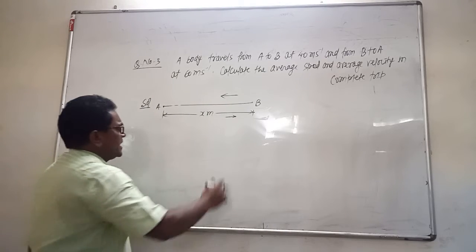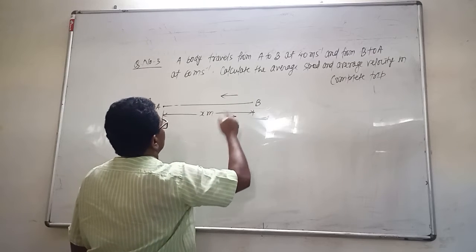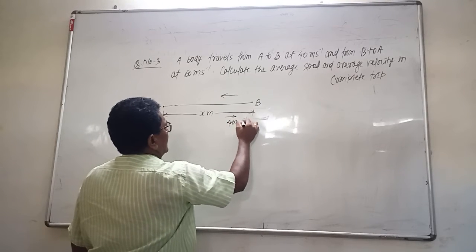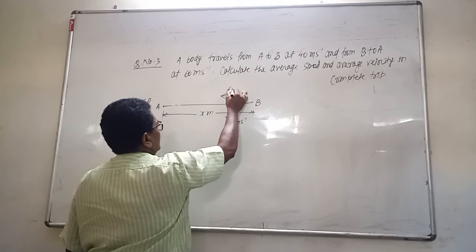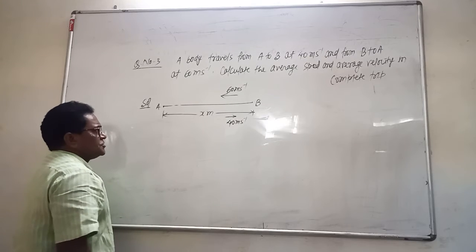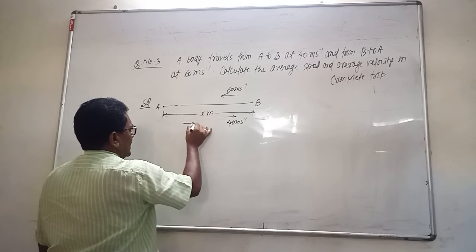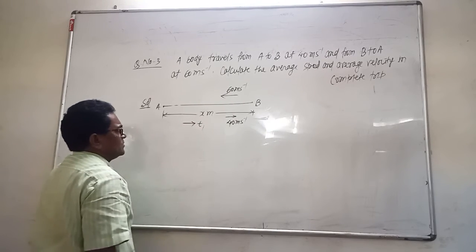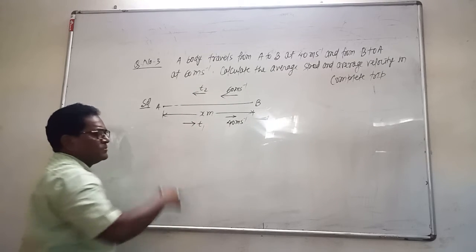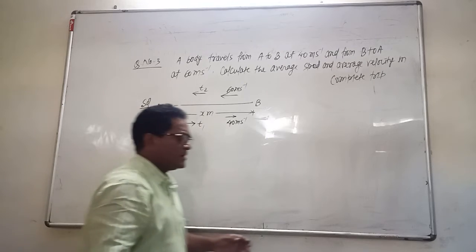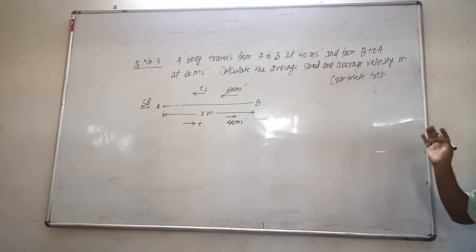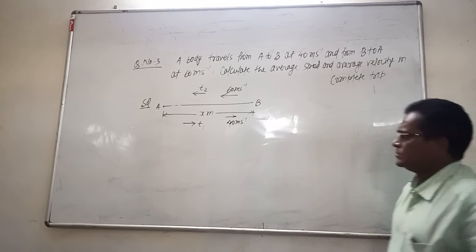In going from A to B, the speed is 40 meter per second, and it returns back from B to A with 60 meter per second. Suppose T1 is the time taken in going from A to B and T2 is the time taken in going from B to A.